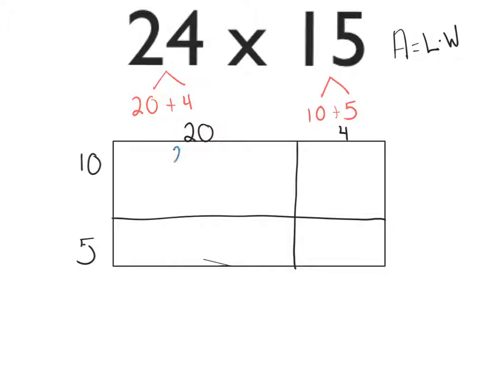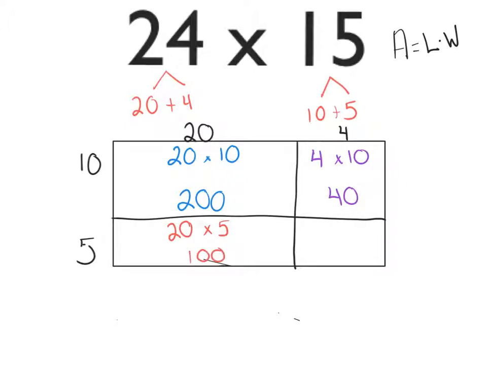So we're going to do 20 times 10, which gives us 200. In the next box, we are going to do 4 times 10, and that gives me 40. And then we have 20 times 5, and that gives me 100.